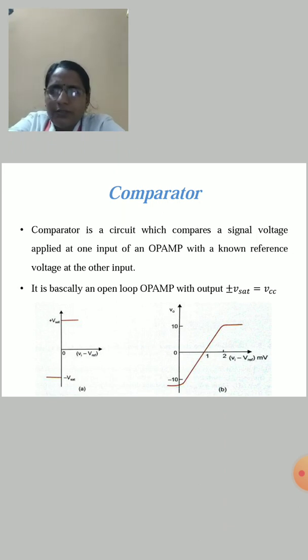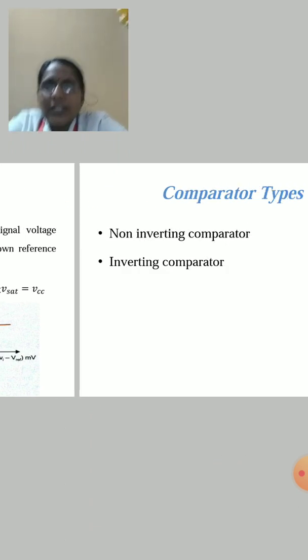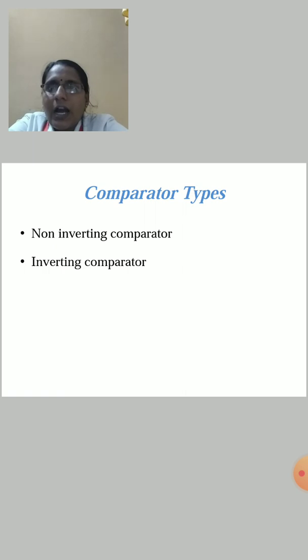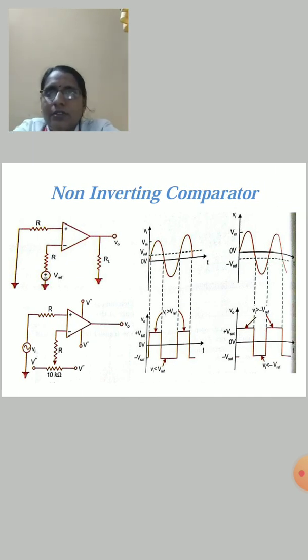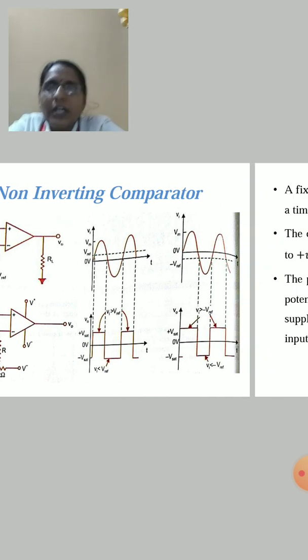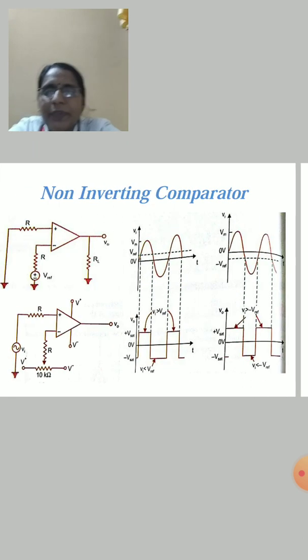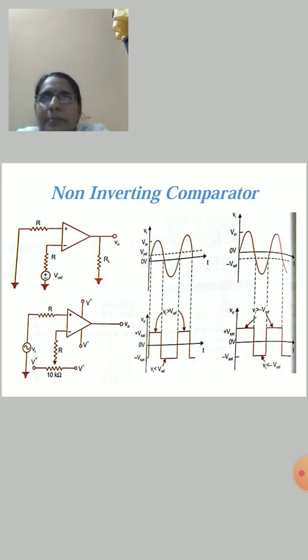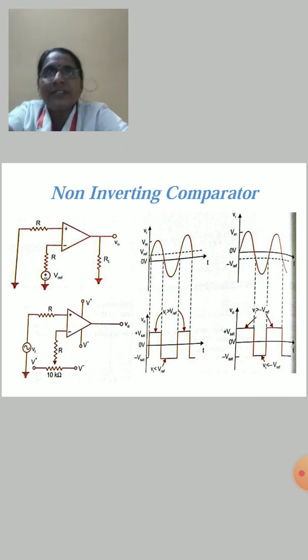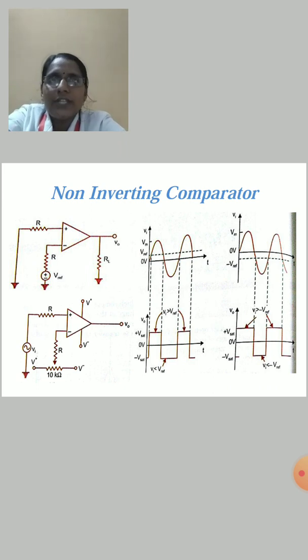There are two types of comparator, which are the non-inverting comparator and the inverting comparator. First we see about the non-inverting comparator. In this comparator, the input voltage is applied to the non-inverting terminal and no reference voltage is applied to the other terminal.